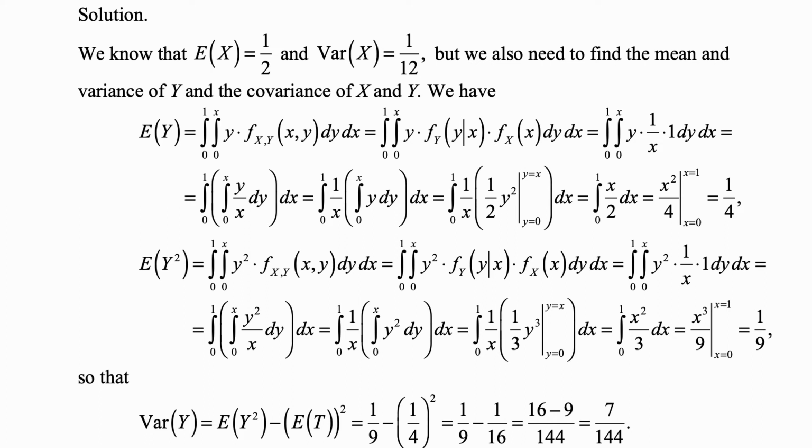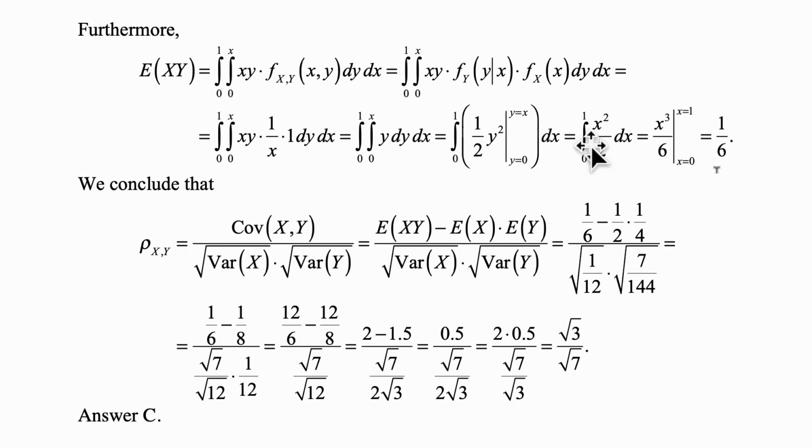That's x cubed over 9 evaluated from 0 to 1, and that's 1/9. So the variance of y is E of y squared minus, I had a typo there, I apologize, it's E of y, the mean of y, squared. It's 1/9 minus 1/4 squared, that's 1/9 minus 1/16. A common denominator is 144, so 16 minus 9 over 144, and that's 7 over 144.